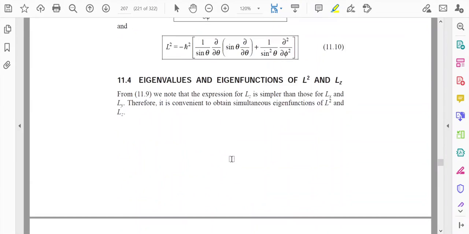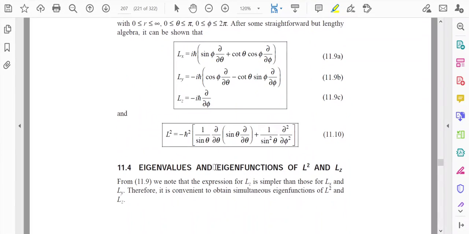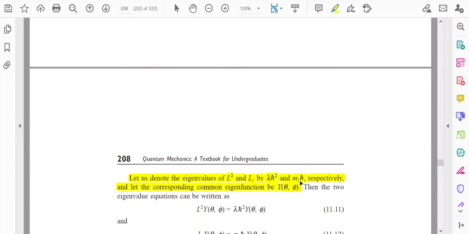You see this form, that is, L square is equal to h cut square into something. That is why we have said that the eigenvalue of L square will be lambda into h cut square, and the eigenvalue for Lz is equal to h cut into something. That is why we have taken the constant as ml into h cut.